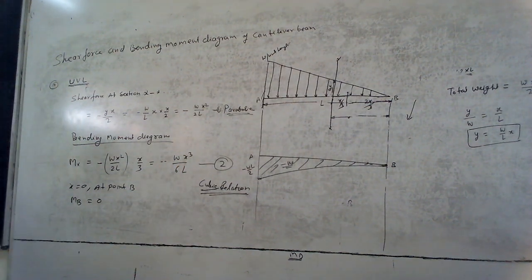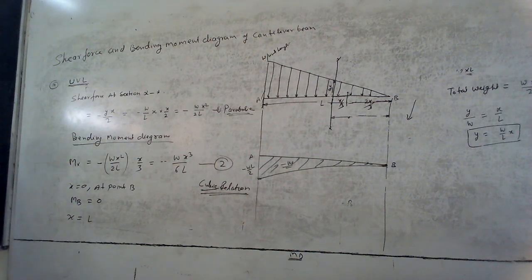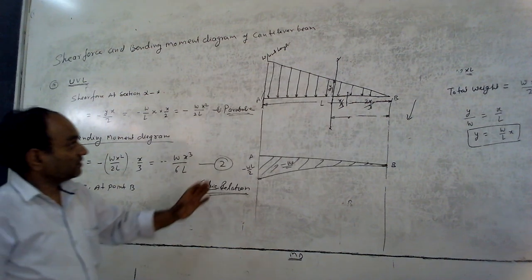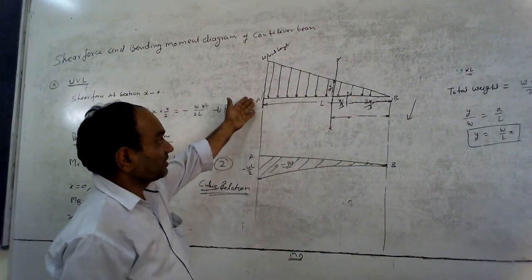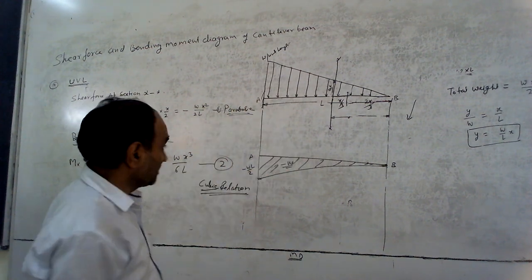If x equal to L, we are talking about point A, the fixed end of this cantilever beam.